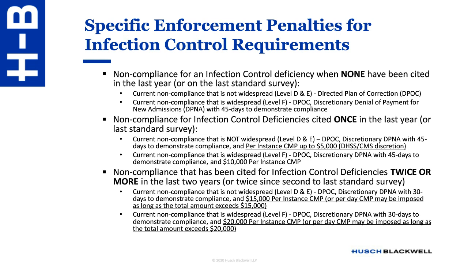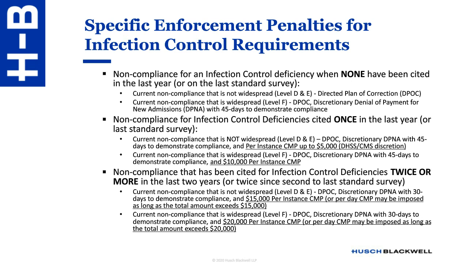But if it's more widespread at level F, they can add denial of payment of new admissions, in addition to the directed plan of correction. If you've had noncompliance for infection control cited once in the last year or since your last standard survey, and by the way, of course, infection control is always a favorite tag for CMS to write.